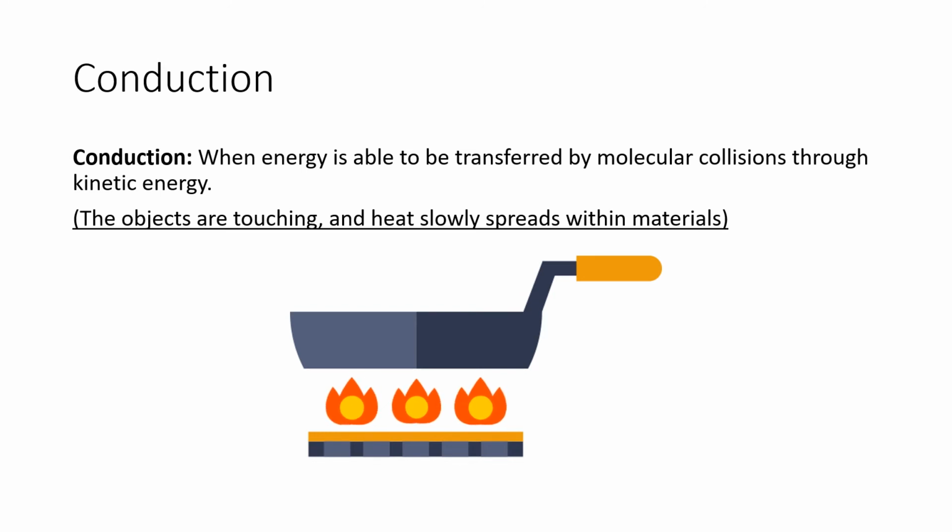Whereas the metal is a great conductor, so I can grab this immediately. It's not hot because the heat has transferred all the way through the metal. It's warm up here, it's warm down here already. So the heat moves quickly through metals. Aluminum is especially good.